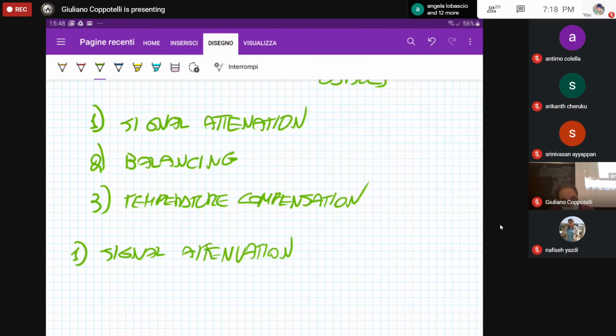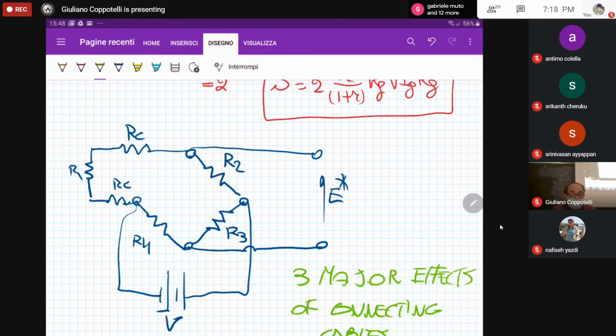So what I call R1 is given by Rg, that is the strain gauge resistance, plus twice the connecting cable resistance. You can see that as an equivalent resistance, referring to the first leg of the Wheatstone bridge. So the overall resistance, that we can call R1, is equal to the summation of everything.